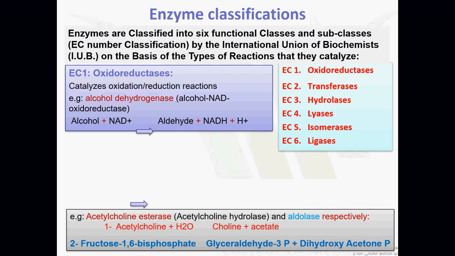So this type of reaction is known as an oxidation-reduction reaction. Alcohol has been oxidized to aldehyde by alcohol dehydrogenase, and the NAD plus, which was in the oxidized form, has been reduced to NADH by the addition of hydrogen.